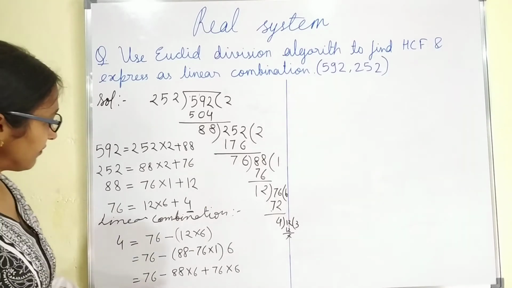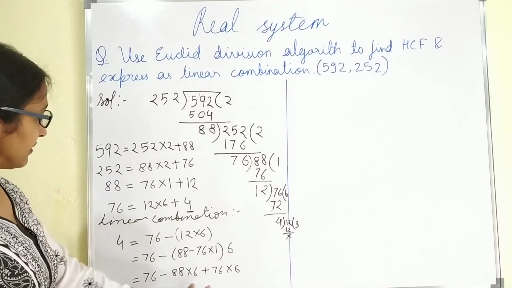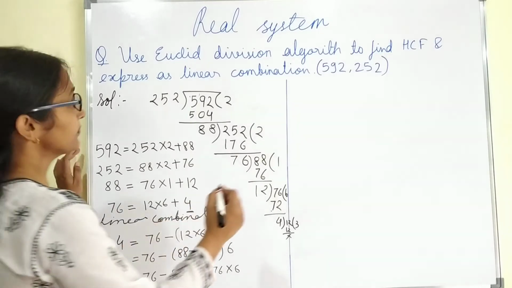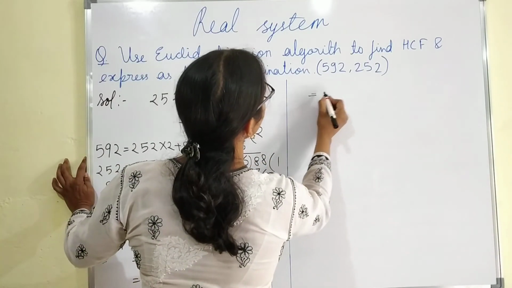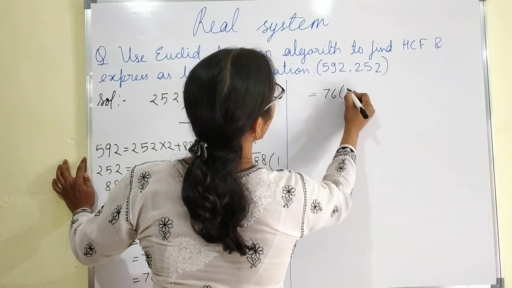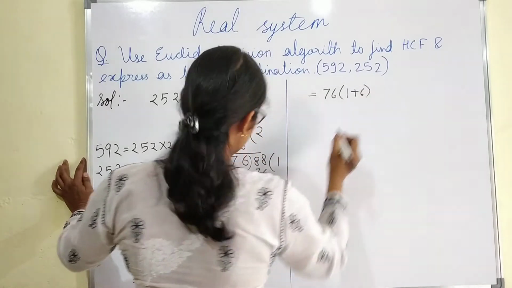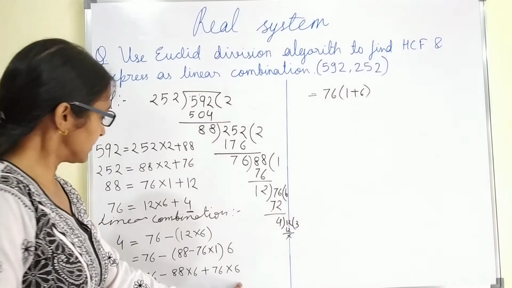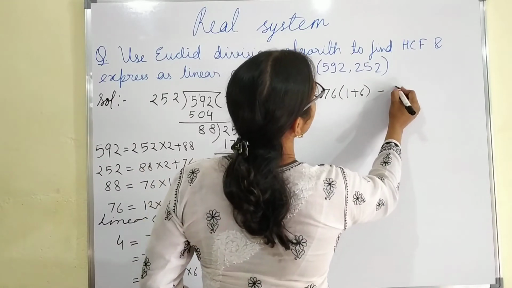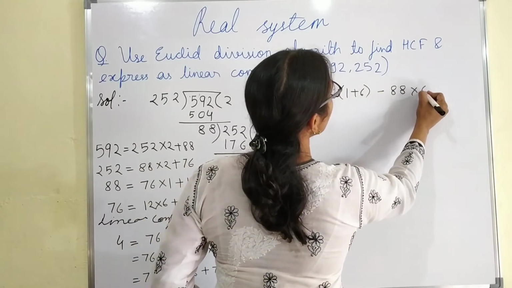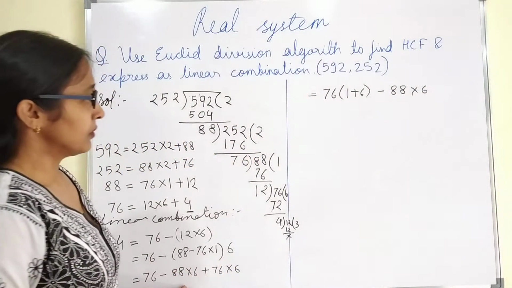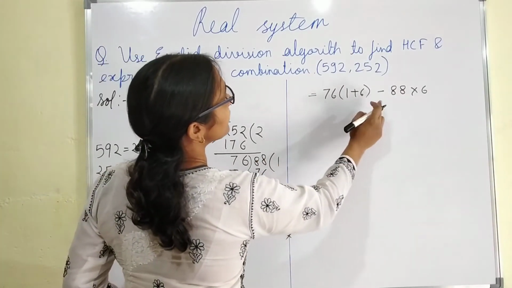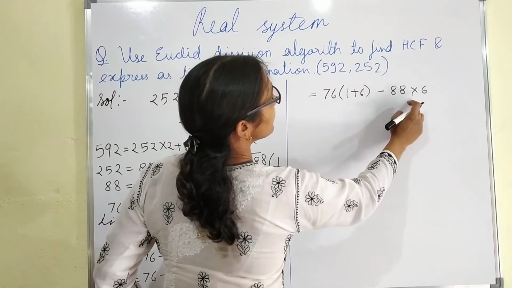Now I will take common of 76. So next step will be 76 into 1 plus 6 minus 88 into 6. It will become 76 into 7 minus 88 into 6.